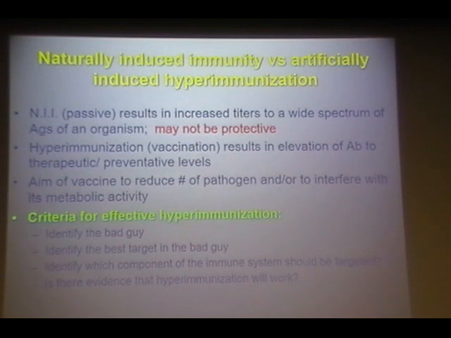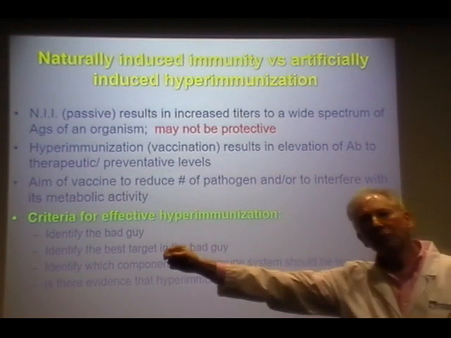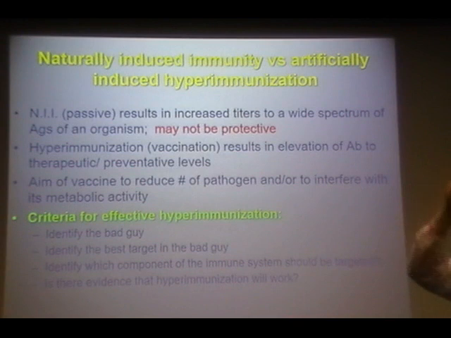Is there evidence that hyperimmunization will work? Once you've done it, you're going to have to do extensive work in animals to determine whether your targeted virulence factor, where you generate a hyperimmunized situation where the secretory IgA titer goes really high, is eventually effective in reducing caries.